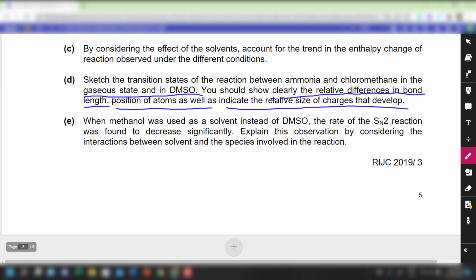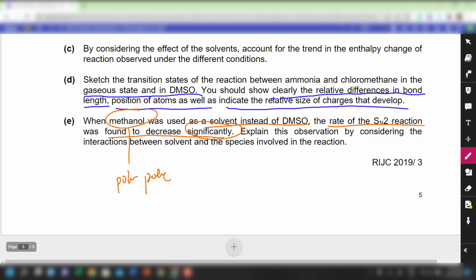When methanol was used as a solvent instead of DMSO, the rate of SN2 was found to decrease significantly. Okay, remember that methanol is a polar, protic solvent. So that means that methanol is able to form hydrogen bonds via its protic hydrogen.